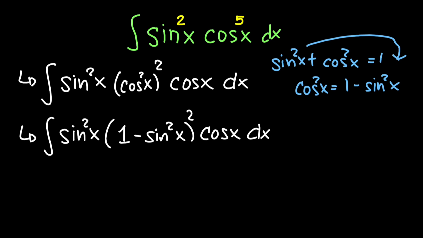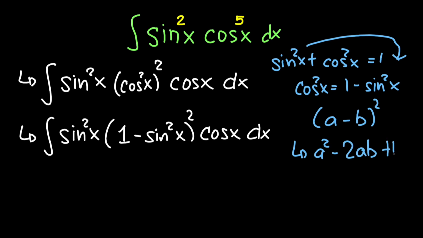Now that we have that, we can first expand this expression. The formula for this would be a minus b squared is equal to a squared minus twice multiplied by a and b plus b squared.